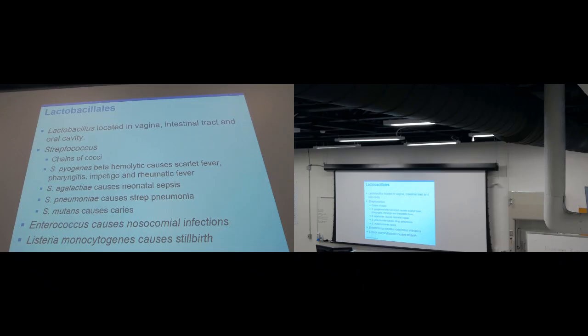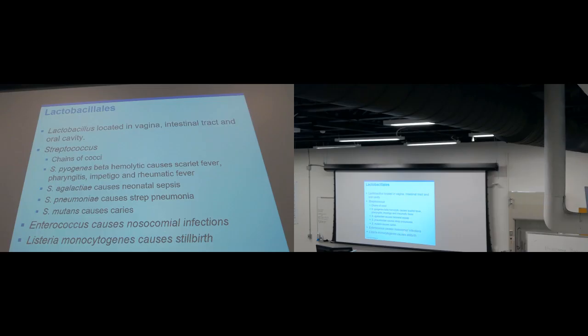And then Streptococcus agalactiae causes neonatal sepsis. So the baby is born, and then it will have a serious infection after birth. And then we have strep pneumoniae that causes strep pneumonia. Its name tells you. And then Streptococcus mutans causes caries. And Enterococcus causes nosocomial infections.